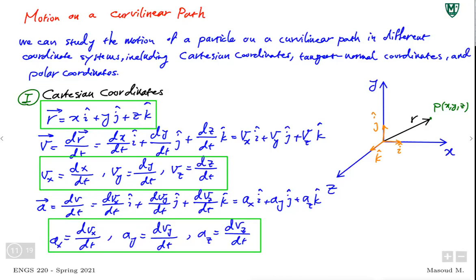So this tells me that if I know where this particle is at any given time with respect to my XYZ coordinate system, and assuming that I know how the XYZ coordinates for that particle change with time, I can find velocity and acceleration by just taking the derivative with respect to time of each component.